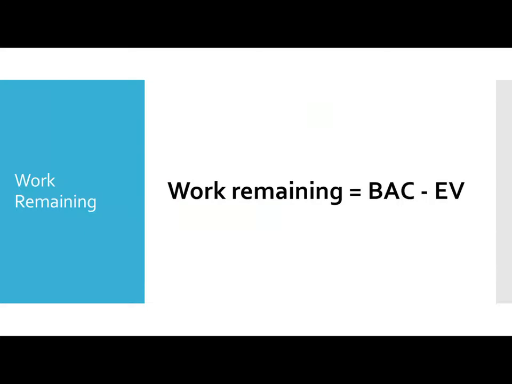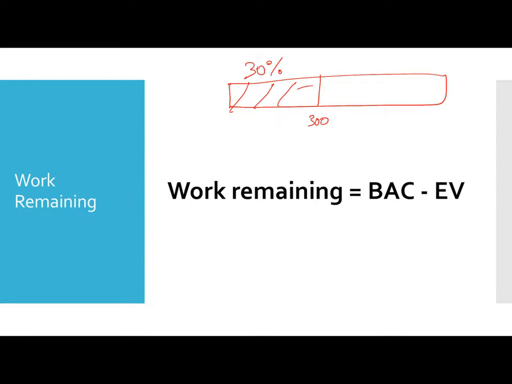Okay, work remaining, very important. So work remaining is budget at completion minus earned value. Let's say for example, you finish say 30% work, and it cost you say $300. And now let's say you had a $1,000 project.